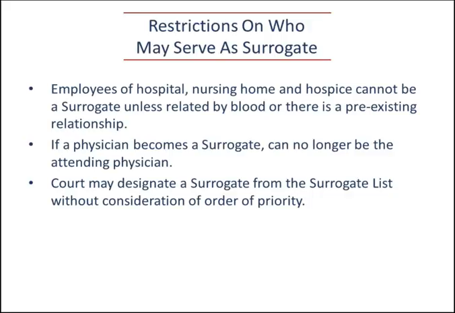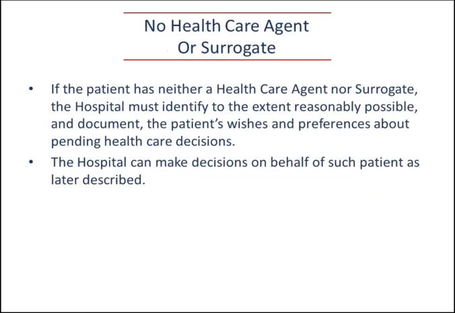A court also can designate someone from the surrogate list to serve as a surrogate without considering the order of priority. So when there are disputes among family members and they can't all agree, the court can make that determination. And the court is not limited to the order of priority.